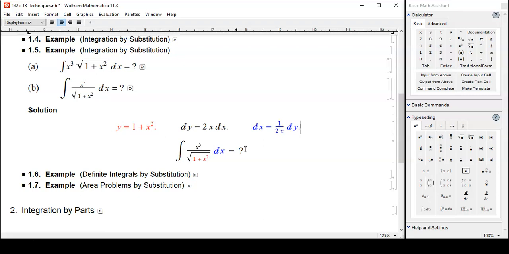Okay, let's plug everything in. Then this equals, let's see, this is y. And then this one is 2x, 1 over 2x dy. And then do we have simplification? This x cubed and this x cancel out, so we have x squared over 2 square root of y dy. That's what we are getting.